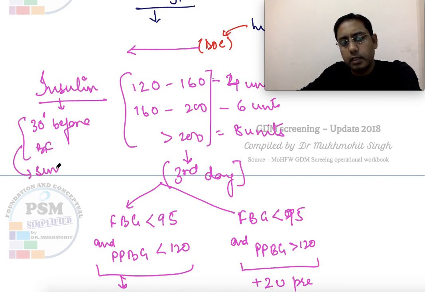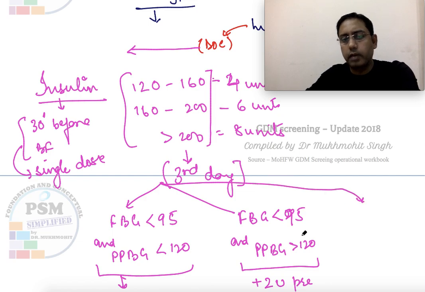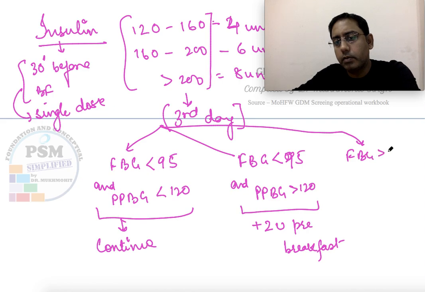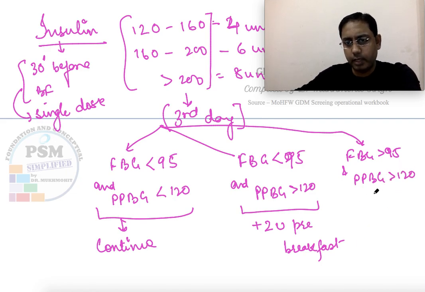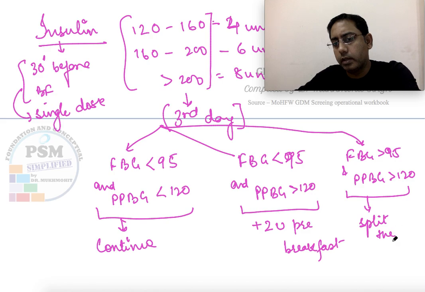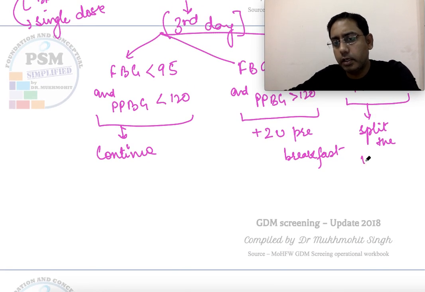It is given as a single dose before breakfast. And the third scenario: in case the fasting blood glucose is more than 95 and the postprandial blood glucose is more than 120, in those cases we keep the dose same but we split the insulin regime.